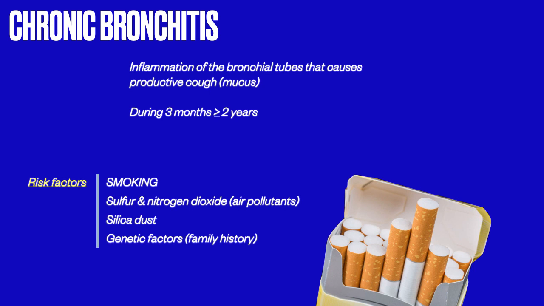The main risk factor is smoking, but other risk factors for chronic bronchitis include exposure to pollutants like sulfur and nitrogen dioxide produced by diesel machines, and exposure to dust and silica, as in people who work in mines, as well as genetic factors like having a family history of chronic bronchitis.